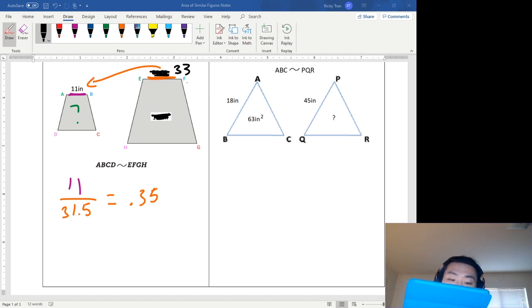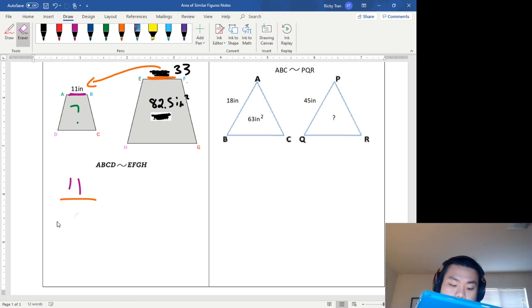This right here should be 82.5. I think this is the only one that for some reason was odd. All right, I'm just going to change the numbers to make it nice and easy. So let's redo this.